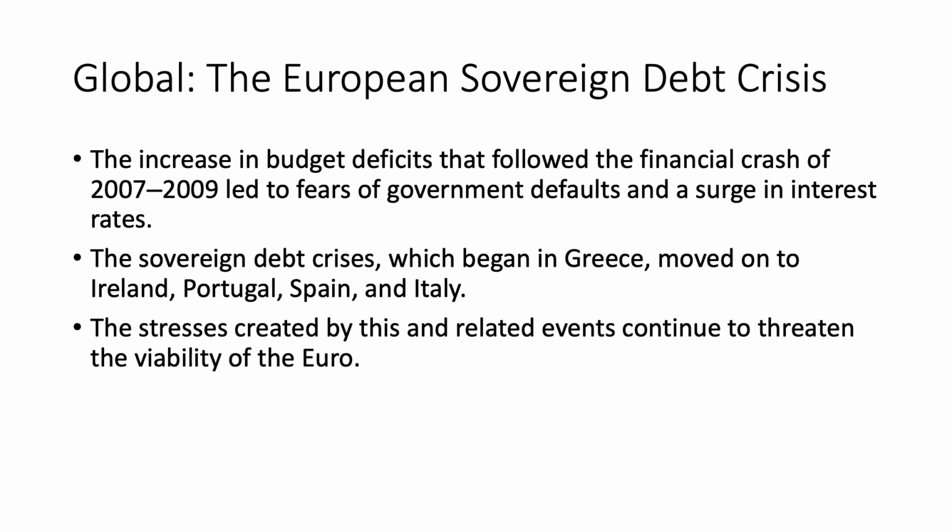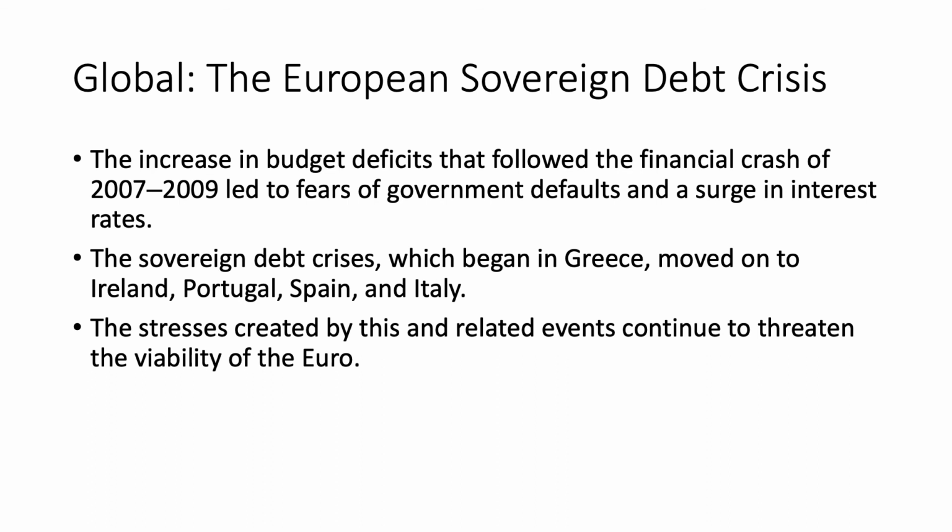As a fallout of the crises, with governments needing to provide stimulus as well as bail out banks, we saw that sovereign or government debt levels started to increase. And so we saw an increase in budget deficits that followed the financial crash of 2007-2009.